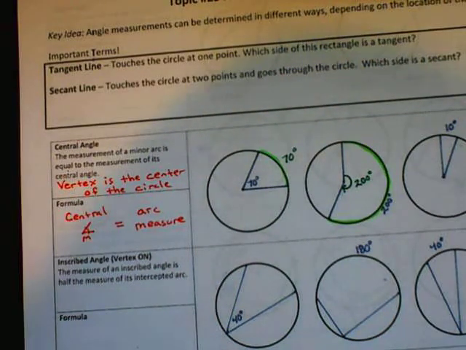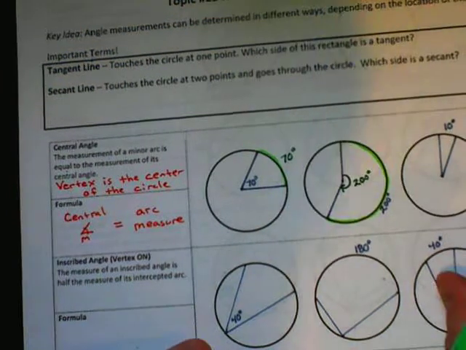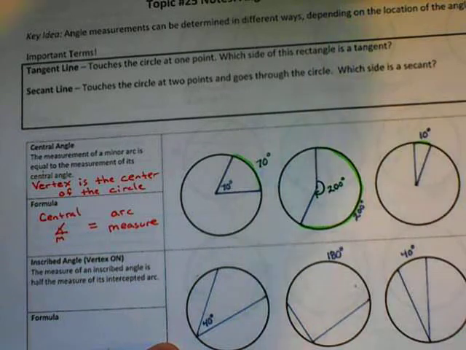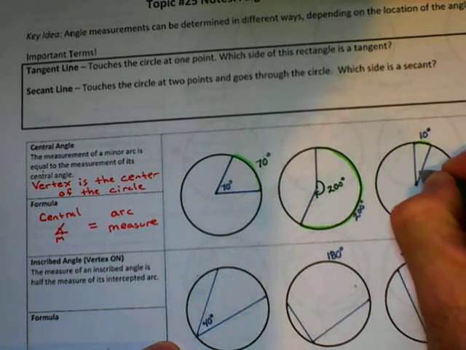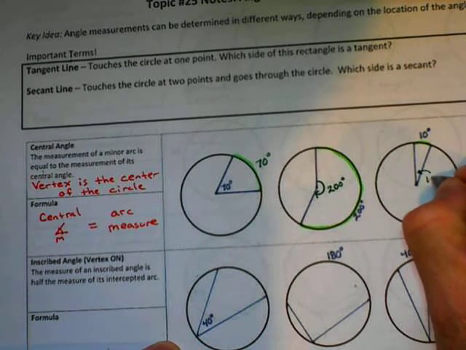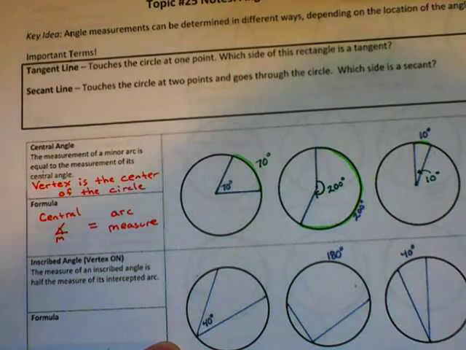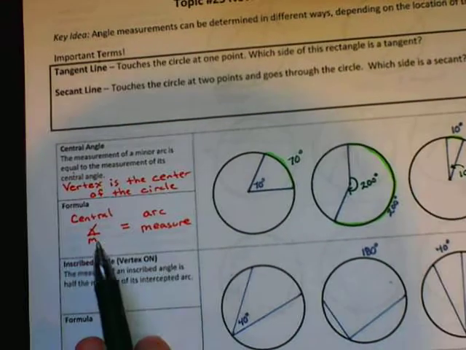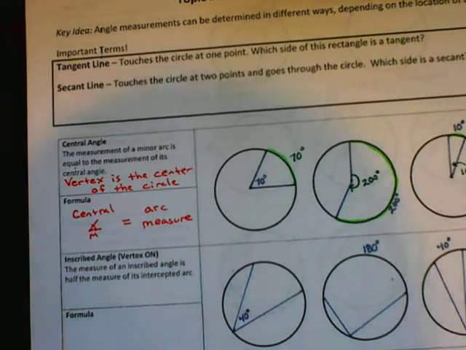The same happens here with the minor arc. Arc measure is 10 degrees, so the angle measure is also 10 degrees. That's the relationship between the central angle and the arc measure. They're actually equal to each other.